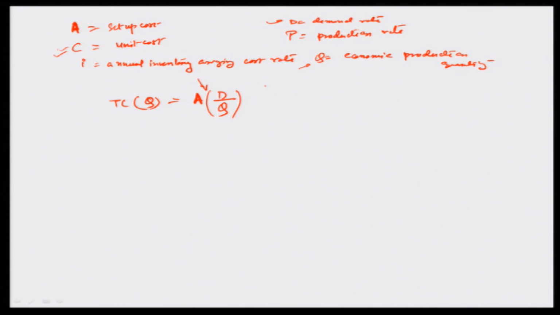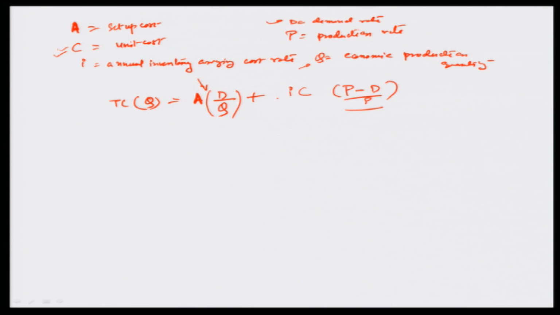And obviously if you look at the annual inventory carrying cost rate, the total amount of inventory carrying cost would really depend on the difference between the production and the demand percentage. That is multiplied by the unit cost, of which a percentage is the annual inventory carrying cost.